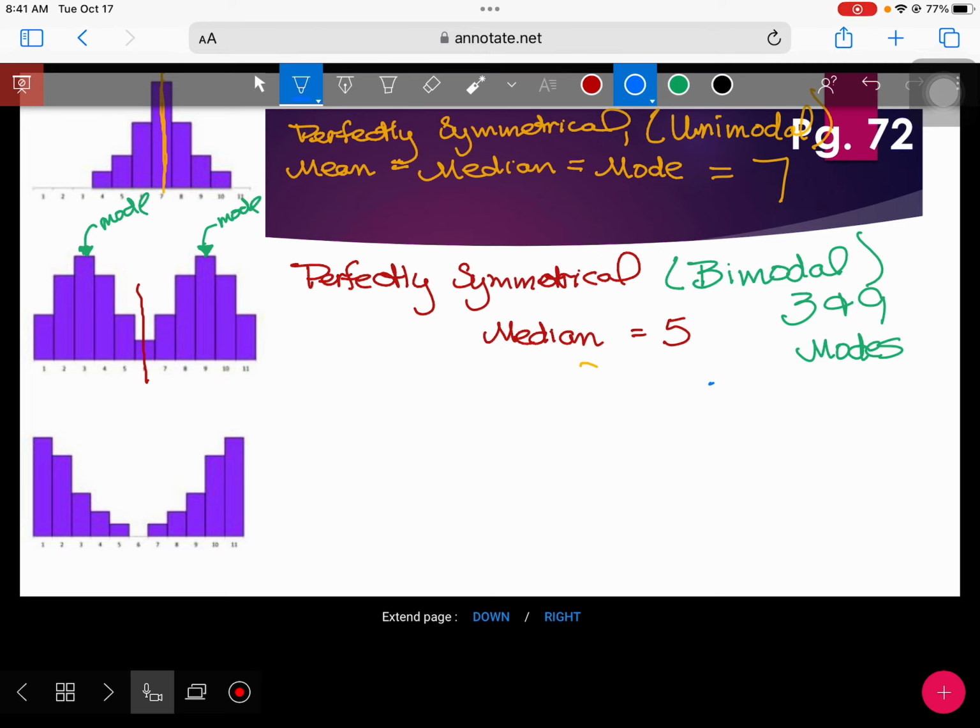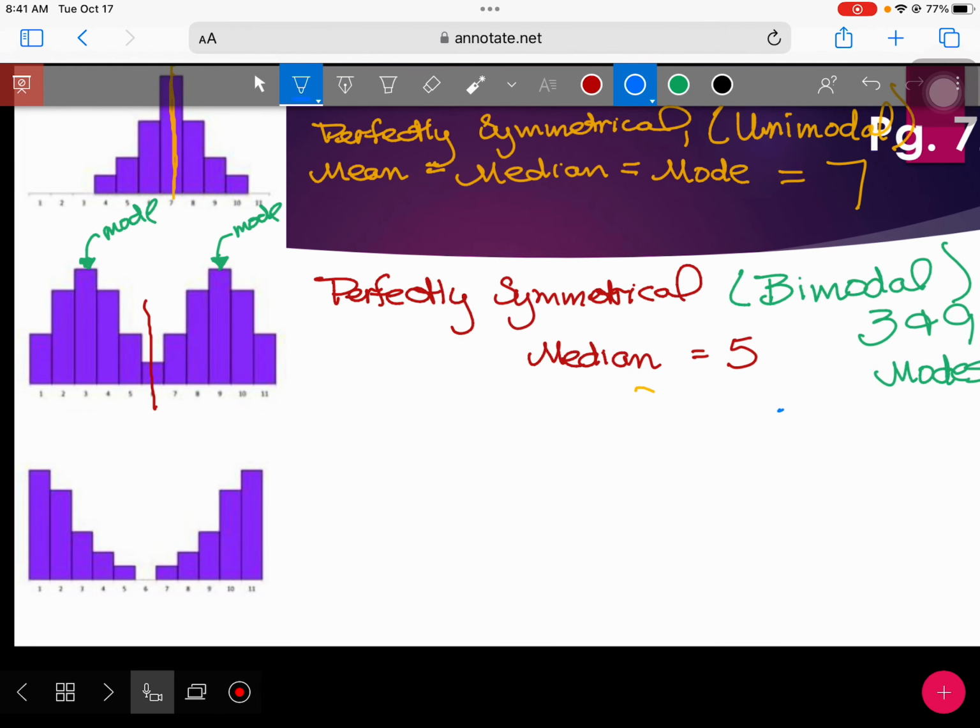We talked about the median. What about the mean? Where would the mean be in this perfectly symmetrical graph? Come on, Nicole, where would my mean be? Take an estimated guess. Come on, people.